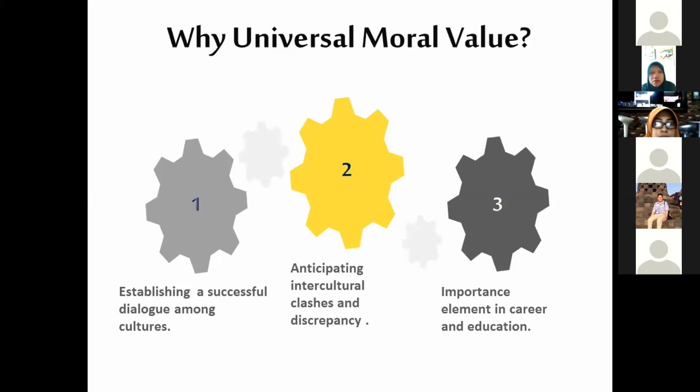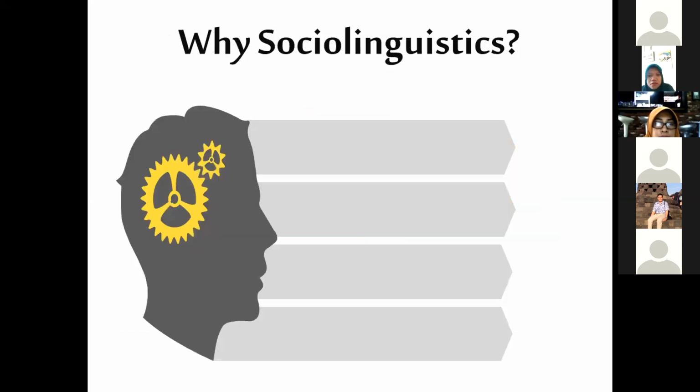The next is why I choose sociolinguistics. There are some reasons to choose sociolinguistics as one of the subjects that can be employed to practice moral values. The first is, we know that cooperation, communication, and kindness are the basic means of human interaction, and students learn these points in sociolinguistics.